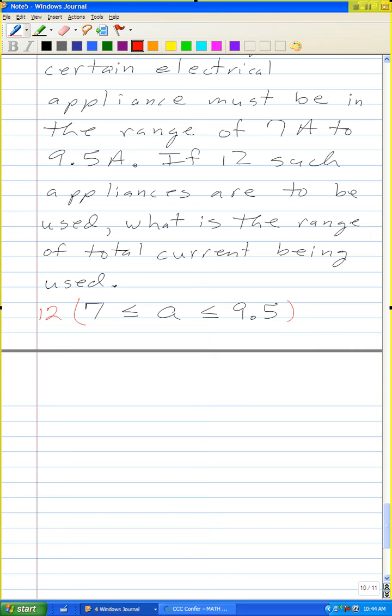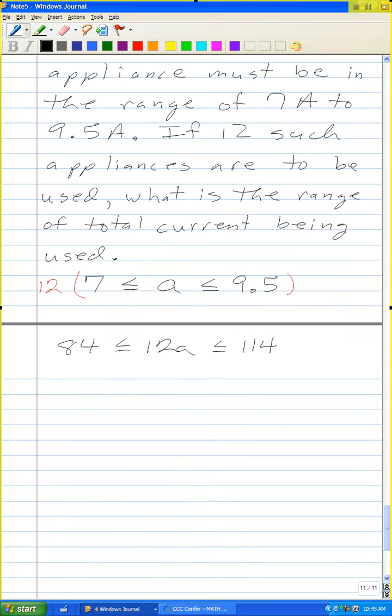And so 84 is less than or equal to 12A is less than or equal to 114.